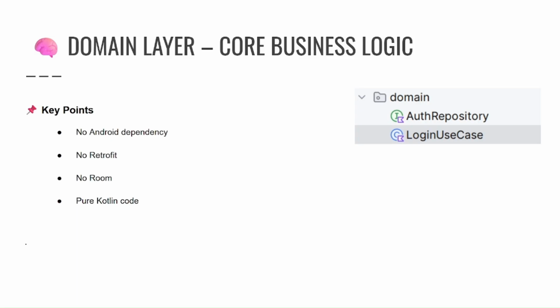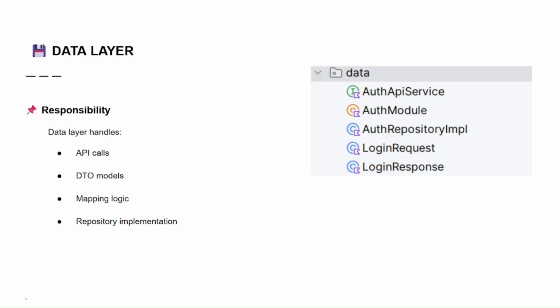The next layer is the data layer. The data layer contains the API calls, our DTO models, the repo classes, and the mapping logic that calls the API, etc. It also contains the repository implementation.